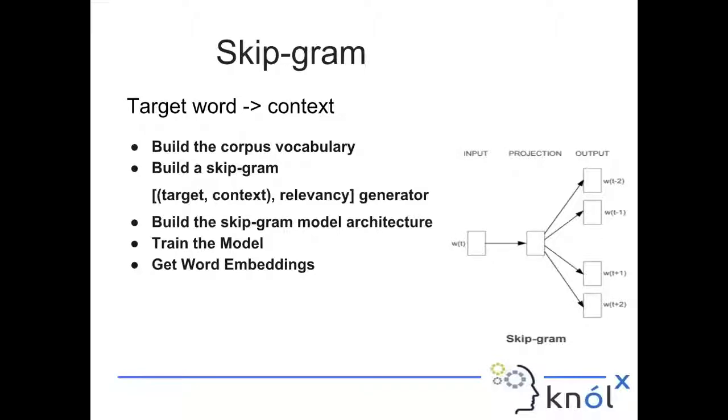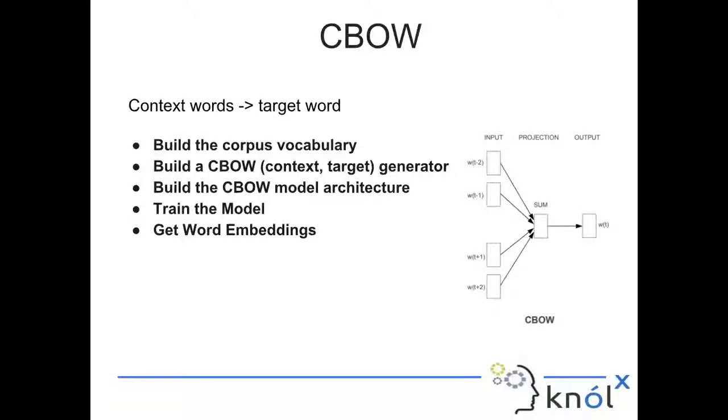Then skipgram is the reverse of continuous bag of words. It takes the target word and gives you the context. It is again similar to continuous bag of words in how we proceed.